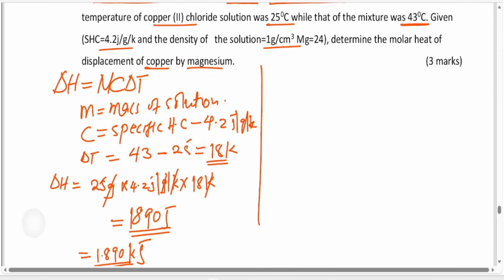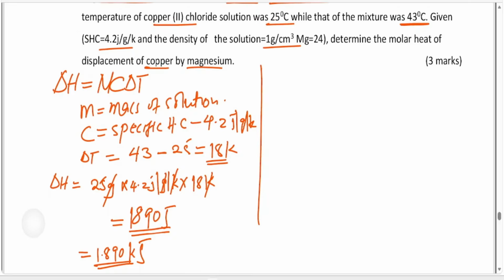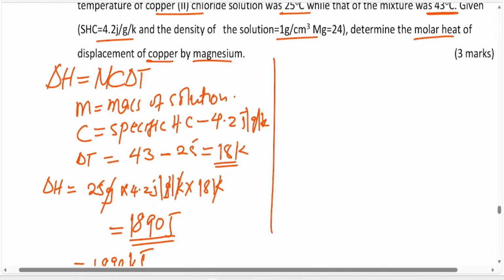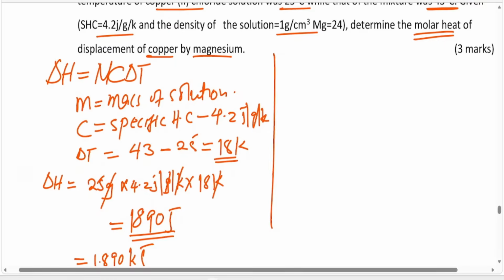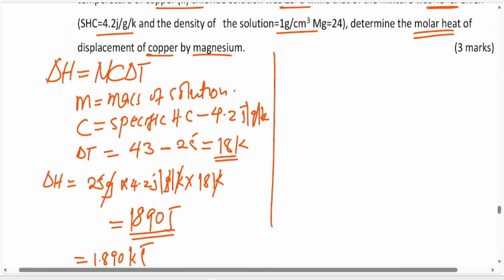But I'm supposed to determine the molar enthalpy change. So how do I determine the molar enthalpy change? I must now get the moles of the substance that produced that amount of heat energy. So what am I going to do?